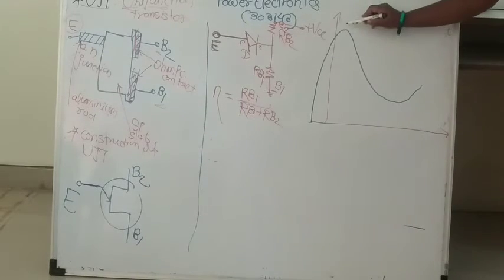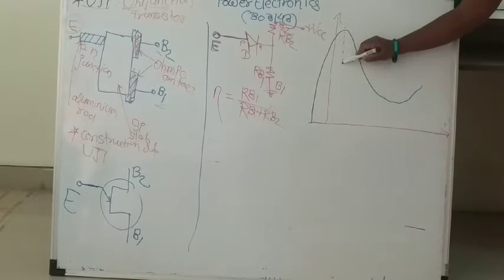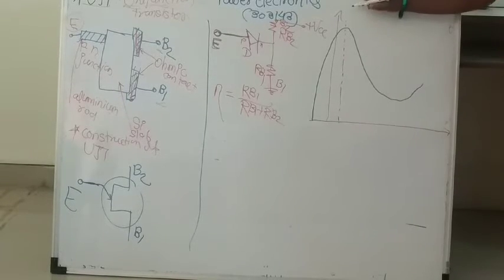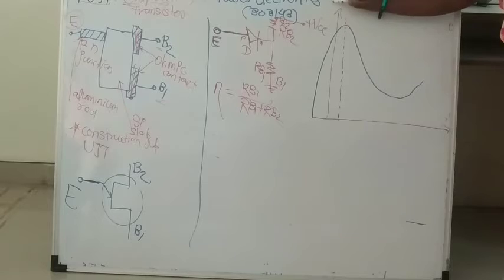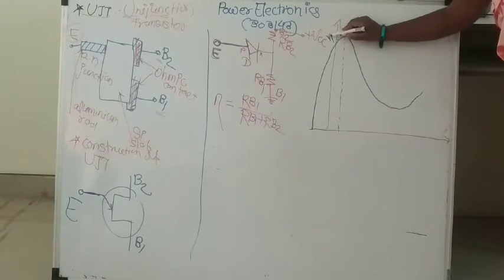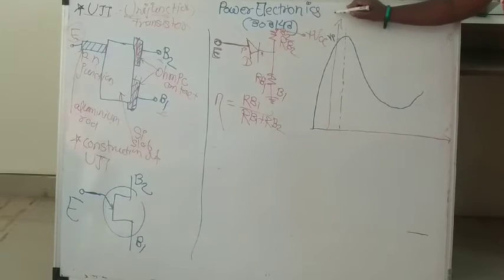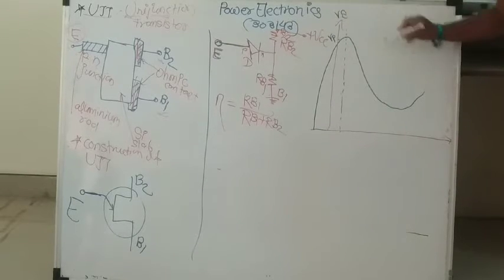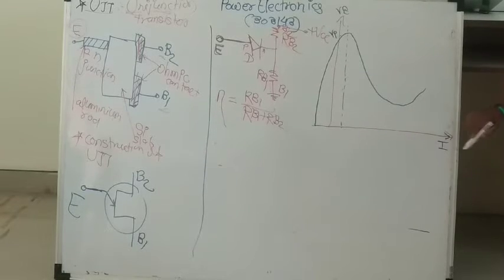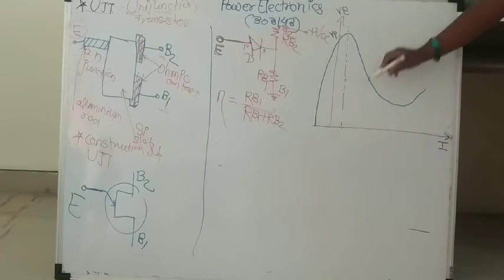Now, observe here. This is the peak voltage, VP. This is the emitter voltage. Then this is the current axis, that is the emitter current.